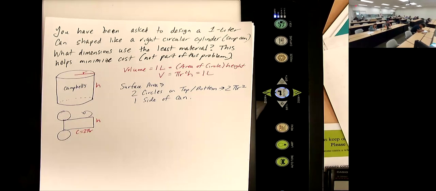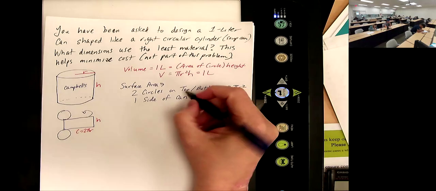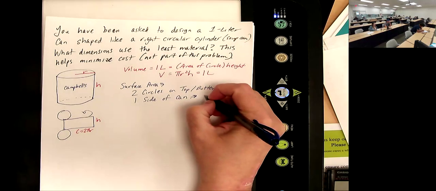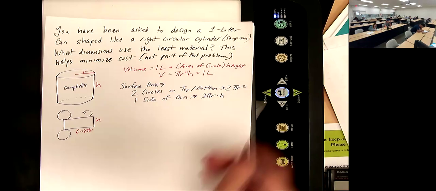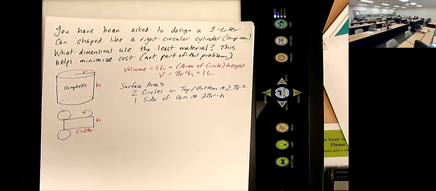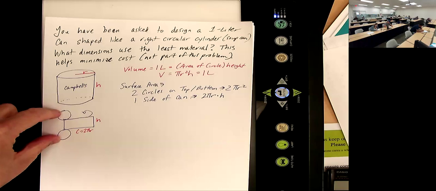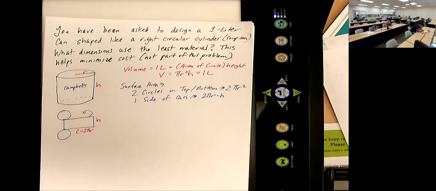So that's going to be the length of the side of the can, so the area of the side of the can will be 2 pi r times the height. Does that just mean that you peeled back both the top and the bottom of the can? Yeah, if I took the top and bottom off, that's these 2 parts. And then I cut the can vertically, I could flatten that out and have a rectangle.